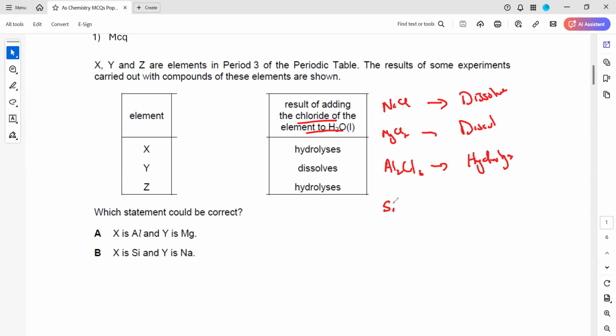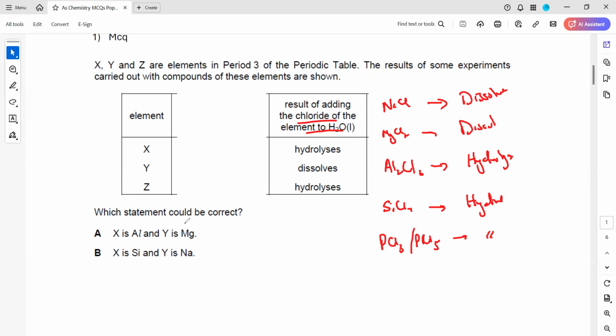Silicon chloride will also cause hydrolysis. Phosphorus chloride like PCl3 or PCl5 will also cause hydrolysis. So the first two will dissolve and the others cause hydrolysis.